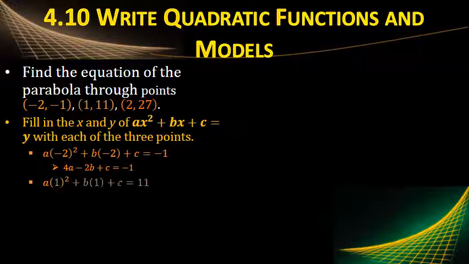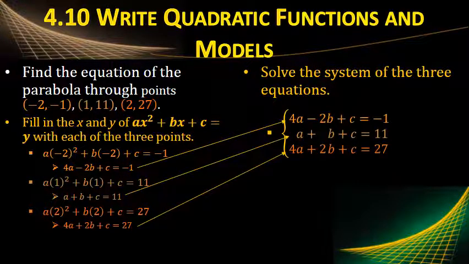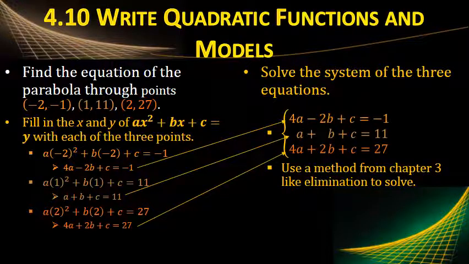Take the next point, fill in the 1 for x and the 11 for y, and simplify. Take your next point, fill in the 2 for x and the 27 for y, and simplify it. So now we have our system of 3 equations that we're going to solve. And I think I'm going to solve it by elimination. But you could use substitution and you could use Cramer's rule.